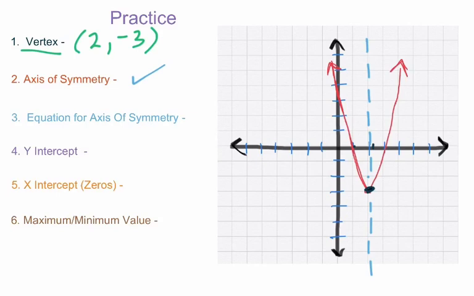So when we go and look for the equation of axis of symmetry, what x are we going on all the way down as we drew that blue line? I think it's probably pretty clear to you guys, but it's right there at 1, 2, 2x. So x would equal 2 on our axis of symmetry.